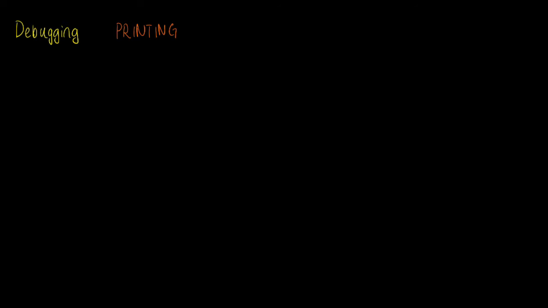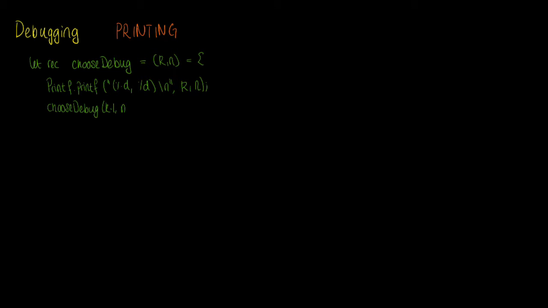So the first thing you can do is modify your original choose function, and you can say let rec choose_debug = (k, n) => { Printf.printf with this format string "%d %d" to print a line with the values of k and n, and then call the function as before, choose_debug (k - 1) (n - 1) + choose_debug k (n - 1).